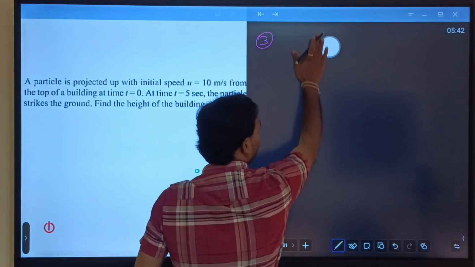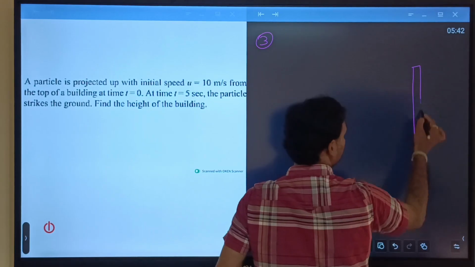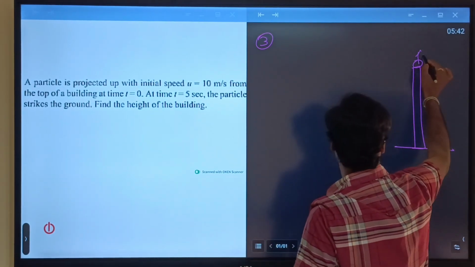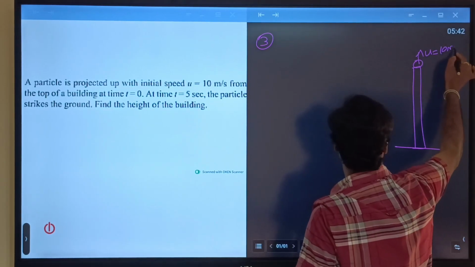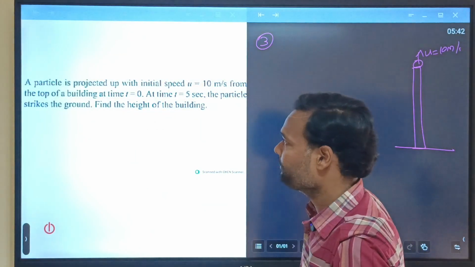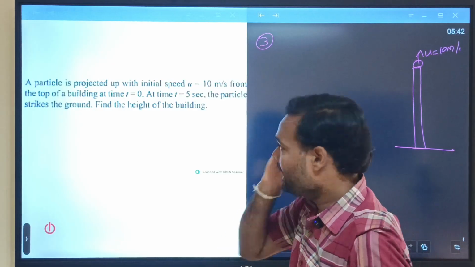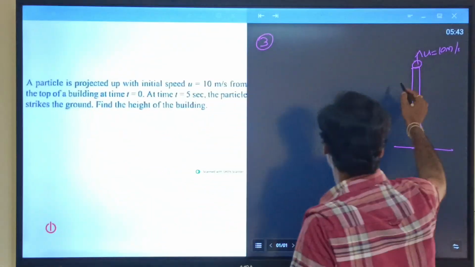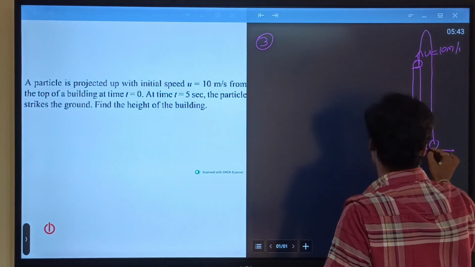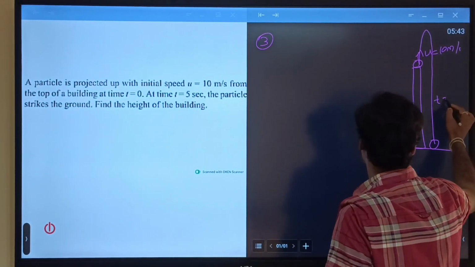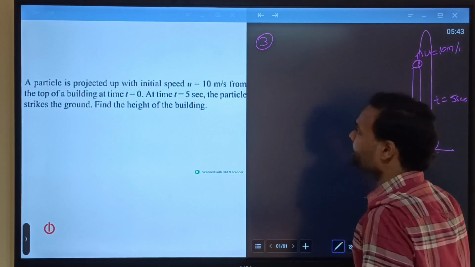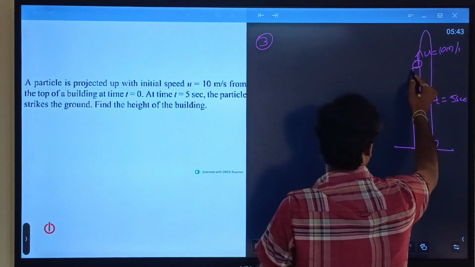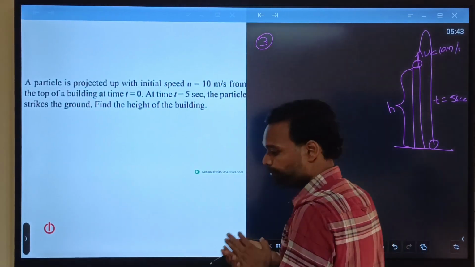From the top of the building, it is thrown with an initial speed of 10 meters per second at time t equals 0, and after 5 seconds the particle strikes the ground. That means it takes 5 seconds to reach the ground, right? Find the height of the building. They are asking us to find this height.